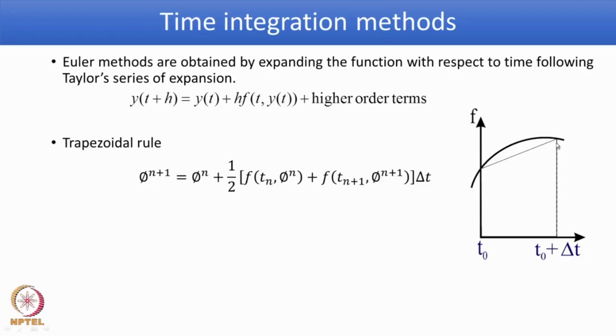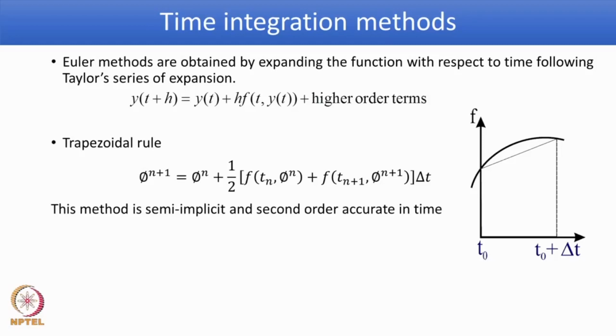So, T0 at the point is shown here, and T0 plus delta t is shown here, and you fit a trapezoidal curve between the two, then you get this formula derived. It is explicit 50%, implicit 50%. So, this is called semi implicit, and it is second order accurate in time.